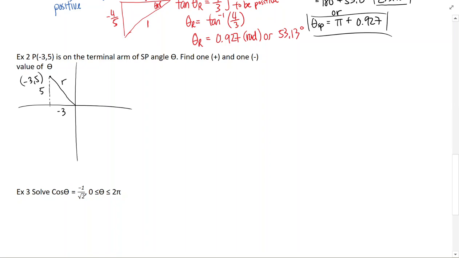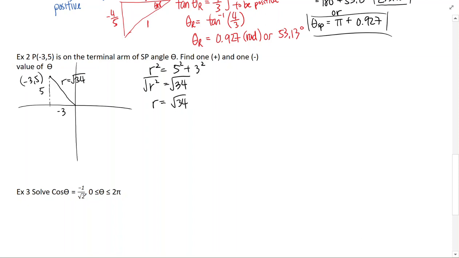That's when we bring out the handy Pythagoras. r squared equals 5 squared plus 3 squared, which gives us 34. To get r by itself, you need to square root it. So r equals root 34, and we'll just leave it like that.